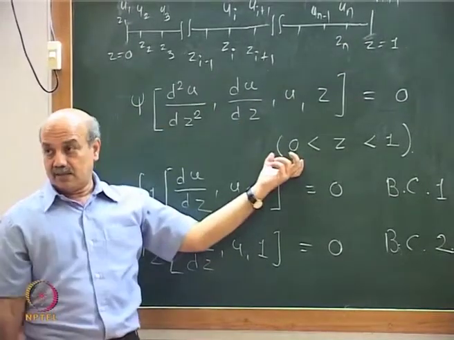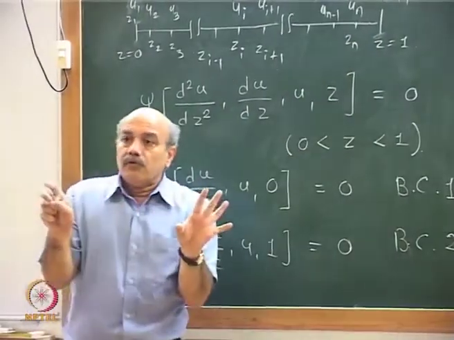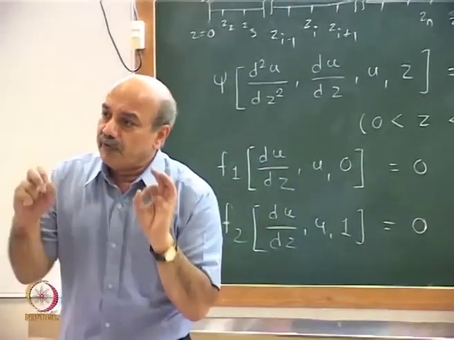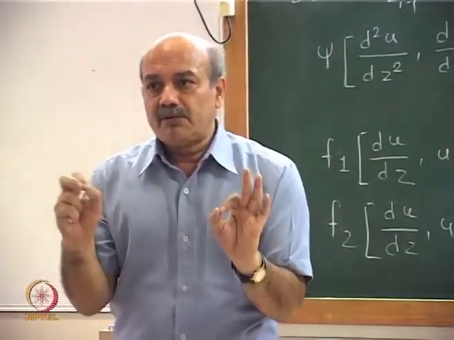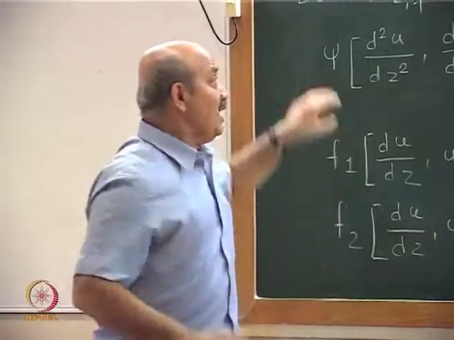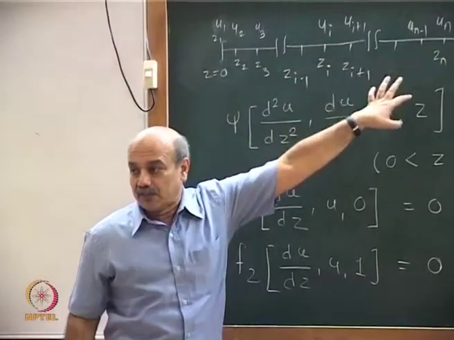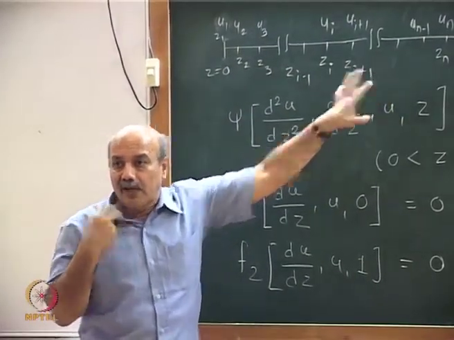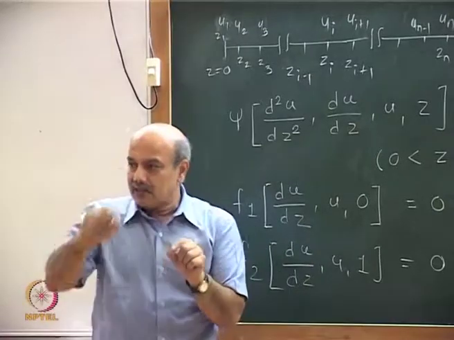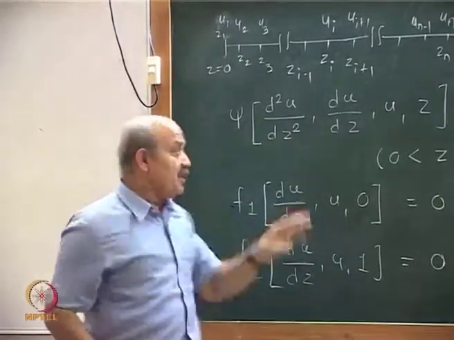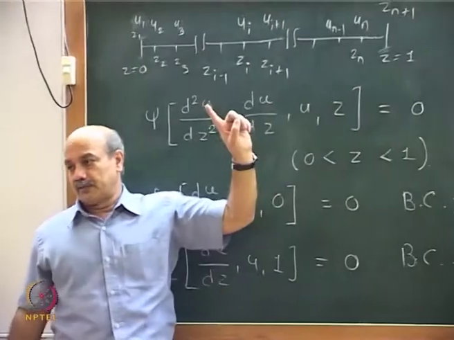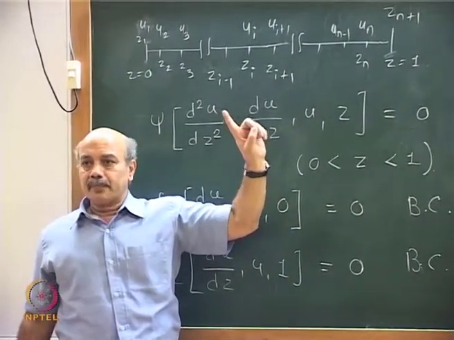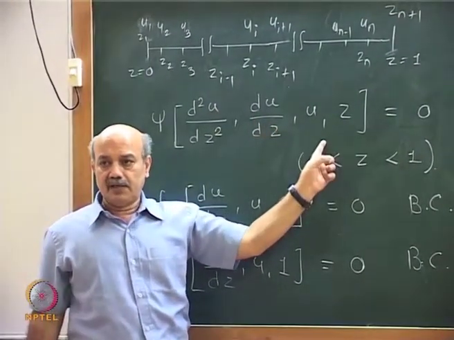This uz is not the true solution, it is an approximate solution. Now when we solve it by orthogonal collocation, we are going to say that the approximate solution should hold only at the collocation points. Right now we are not saying anything about what happens in between. At the collocation points, this equation should be satisfied.